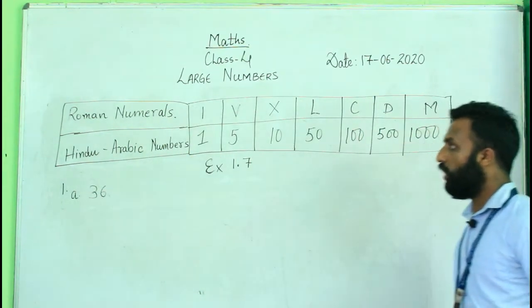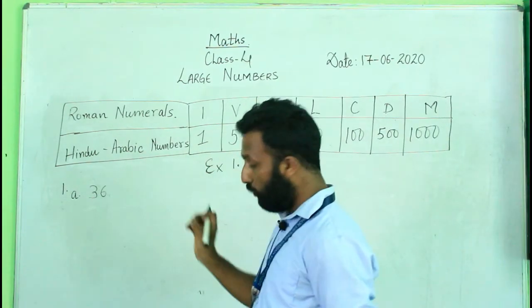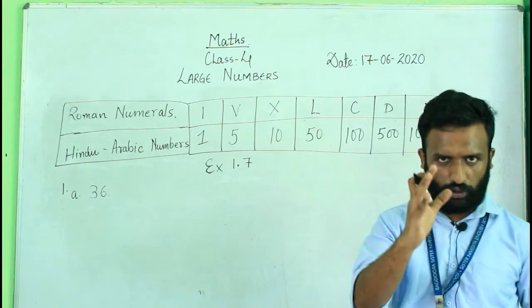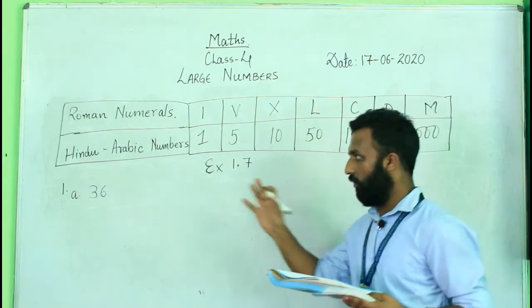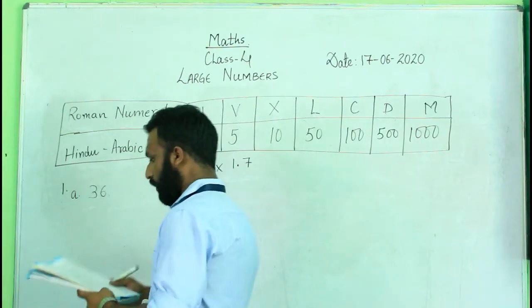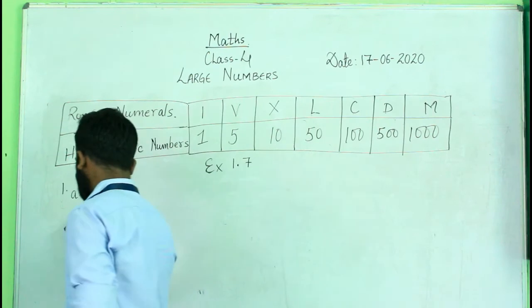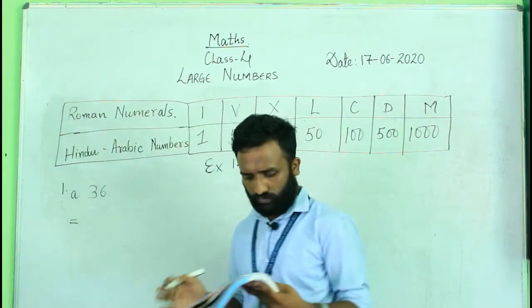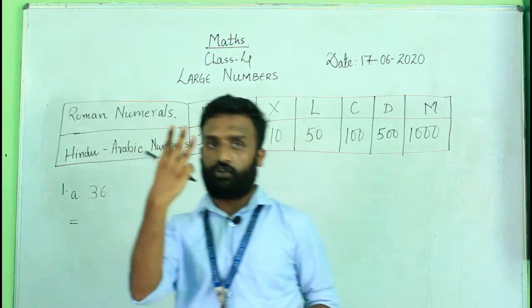So how will we write it? As I have told you, you will use the rules and then only you can write it. So here we have 36. In Roman numerals, as I have told you, repetition can be done up to 3 times.